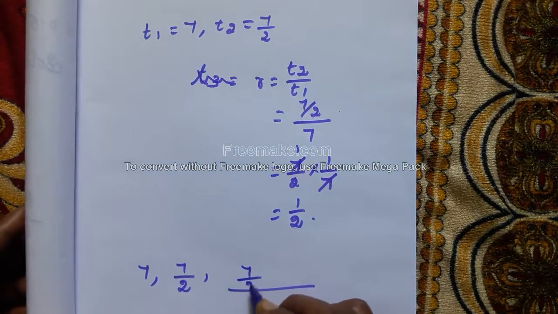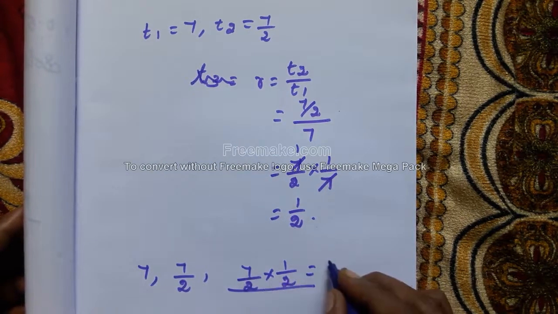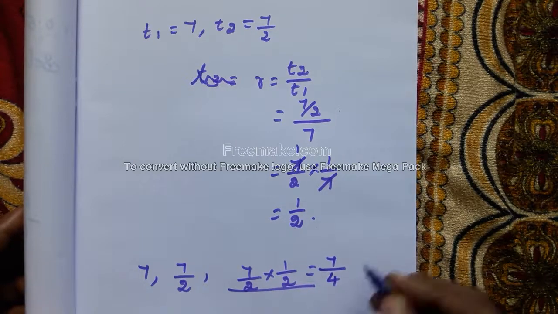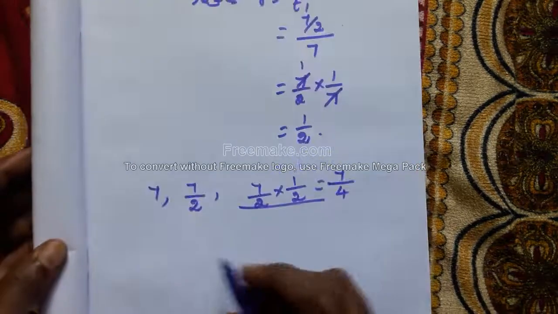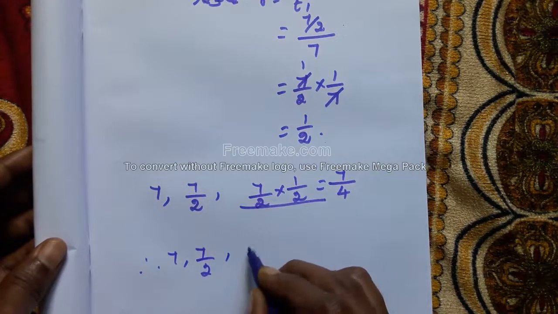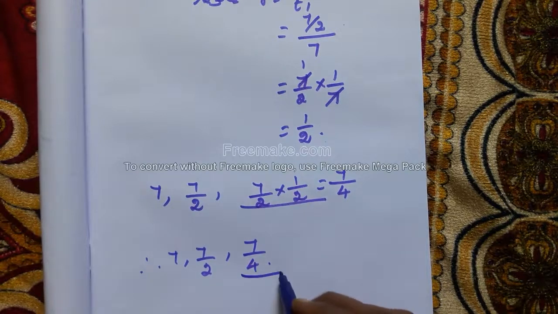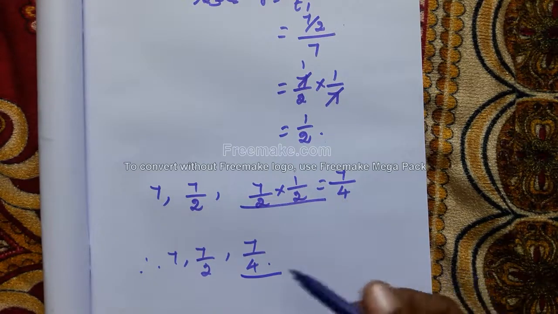So 7 by 2 into 1 by 2 is equal to 1 7 is 7, 2 2 is 4. Therefore 7 comma 7 by 2 comma next term is 7 by 4. Have you understood how to find out the next term? Clear, students? Okay. Now we can go for the next problem.